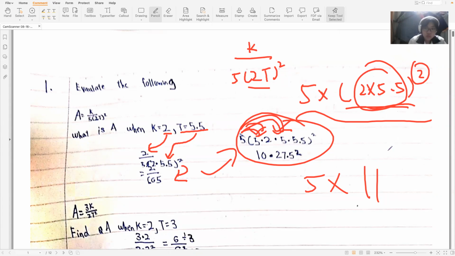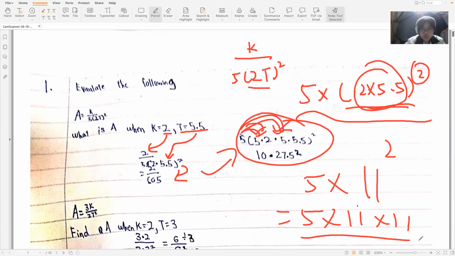And then you have a square here, so just continue. So what are you going to do next? 5 times 11 times 11 because the 2 means times 2. Am I right? Yeah. And then what is next?